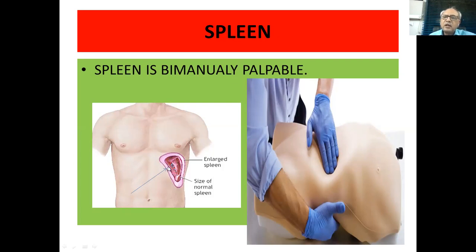At every step, you ask the patient to take a deep breath, and you should look at the face of the patient. When you reach the splenic area in the left hypochondrium, you should palpate the spleen bimanually as well. Remember that the spleen lies at ribs 7, 9, and 11.